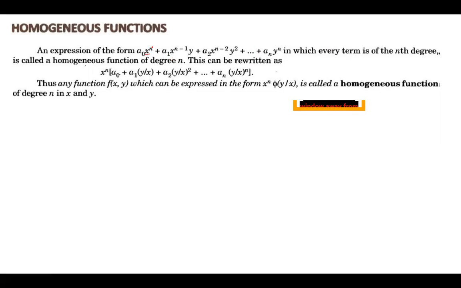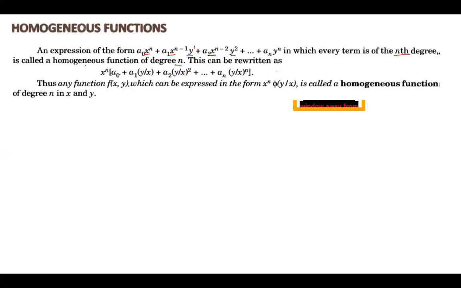Like in the first term, you have x to the power n. The second term has x to the power n minus 1 times y. Y has power 1, so together the degree will be n. Similarly, in the third term, the degree is n again and so on.